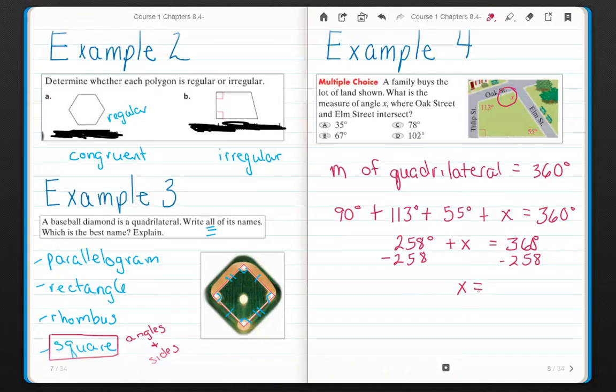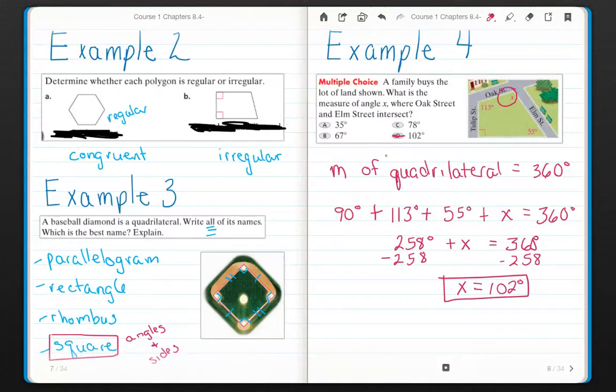And X equals 102 degrees. Now, I can double check. This looks like an obtuse angle to me. 102 degrees is an obtuse angle. So therefore, X is 102 degrees, or D.